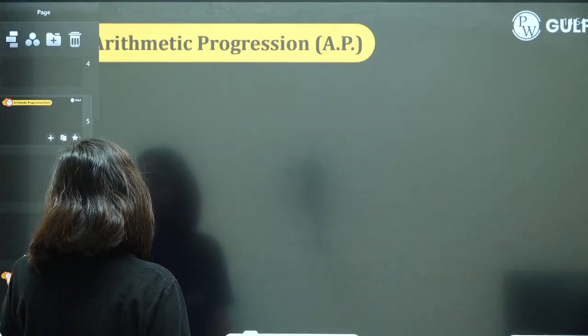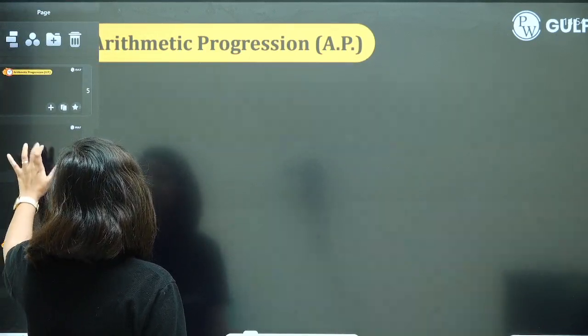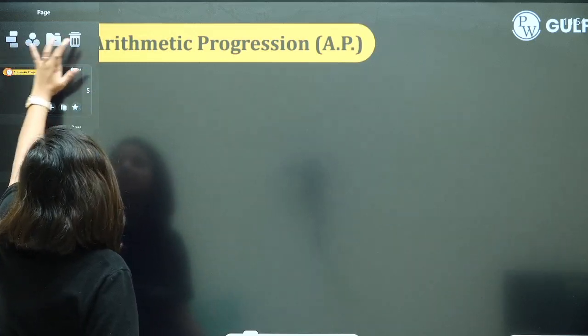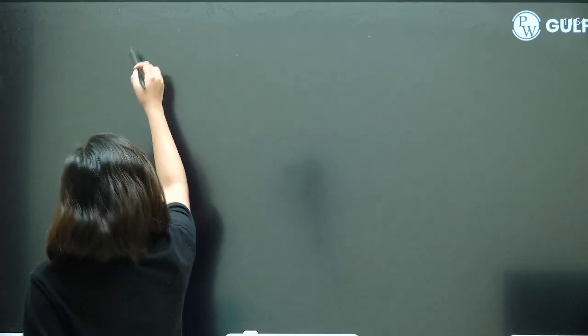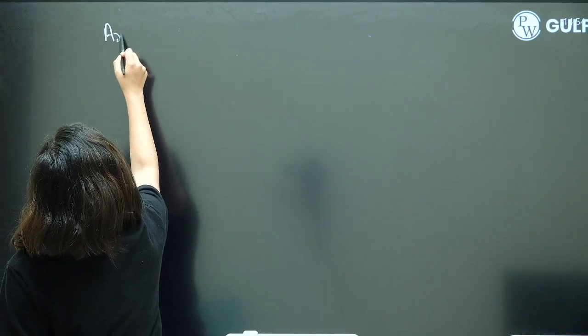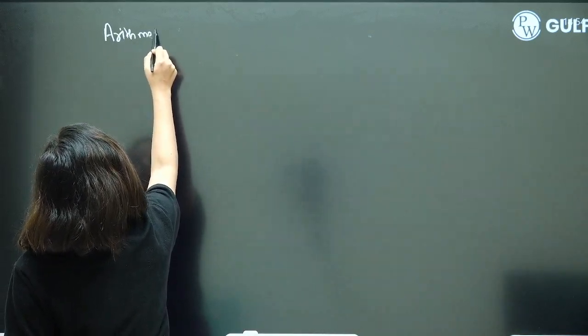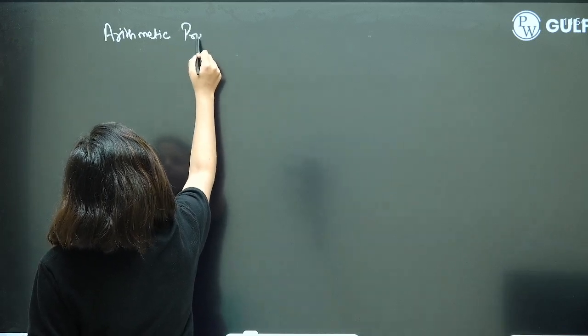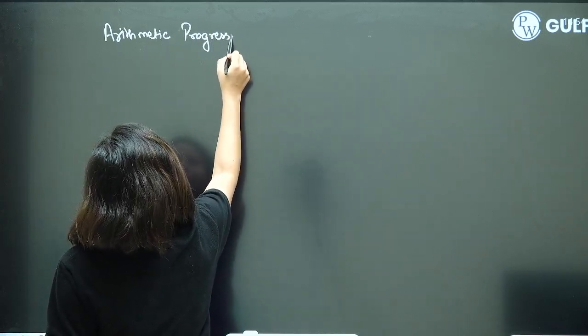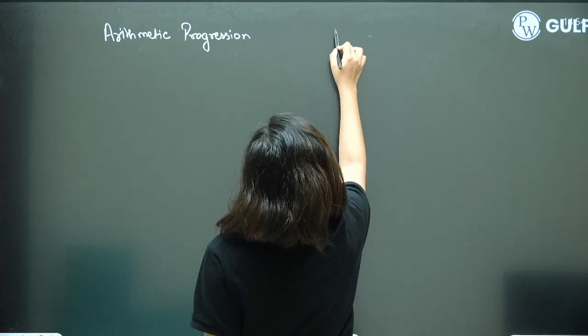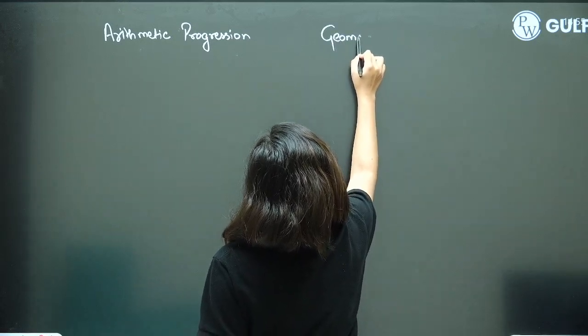Let's change this a bit, we delete this slide and we delete this slide also. Cool. Here we go. Let's suppose one side is arithmetic progression and the other side is geometric.